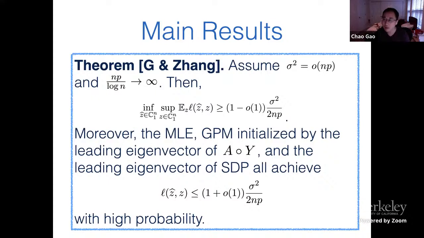And when P equals 1 and the signal to noise ratio is a constant, we know that the approximate message passing algorithm, AMP, is able to achieve the optimal constant. But for general P, when the signal to noise ratio is a constant, this is still an open problem. And the second condition that we need is P is at least of order log n over n. This is just to make sure that the random graph is connected. It only has one component.